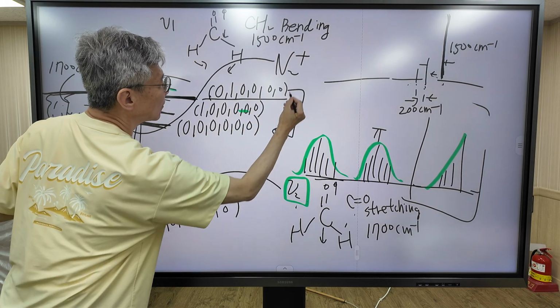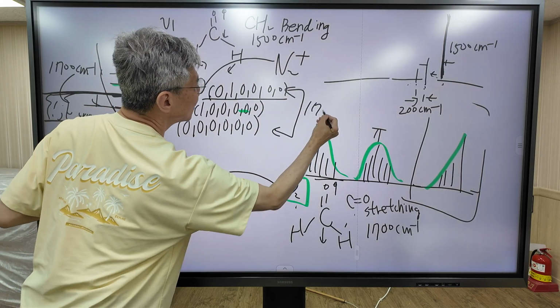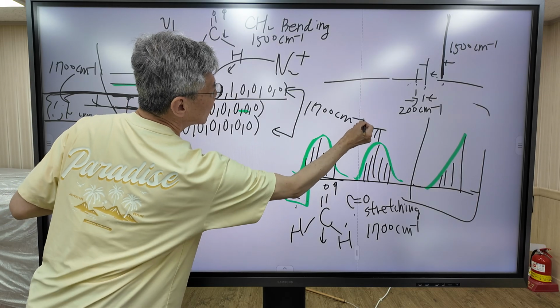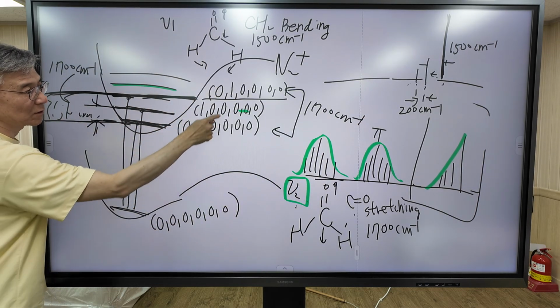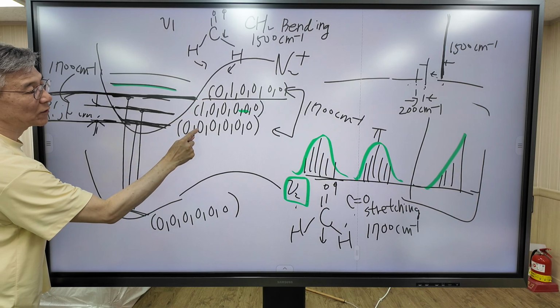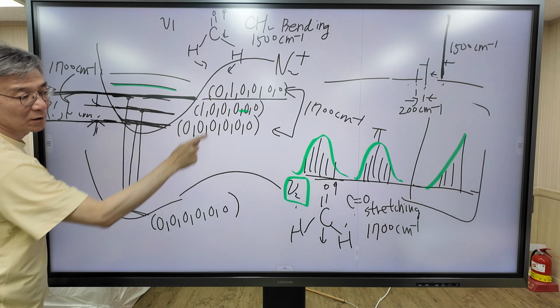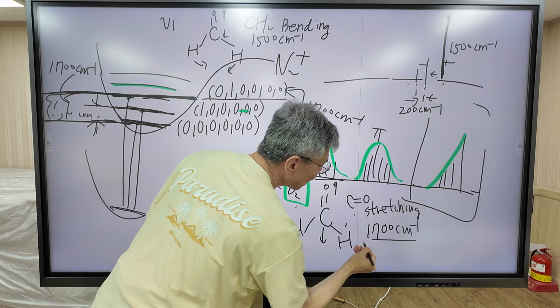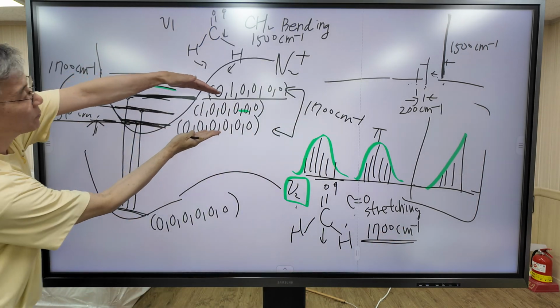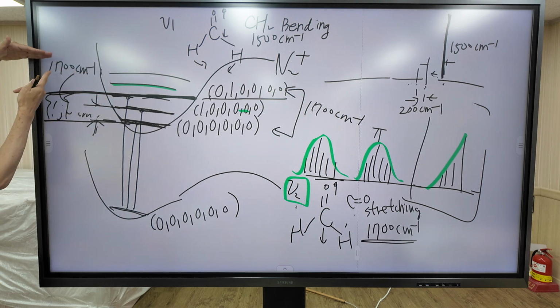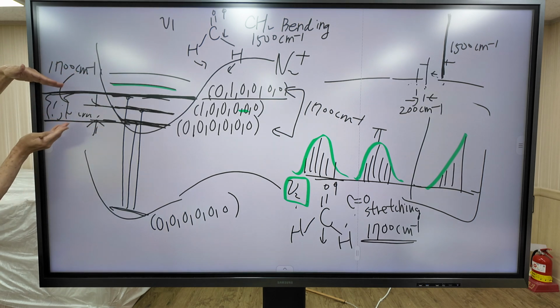This spacing corresponds to 1700 wave number. Comparing this vibrational quantum number, only the second vibrational quantum number is excited from 0 to 1. And the vibrational frequency is 1700 wave number. So this spacing is 1700 wave number.